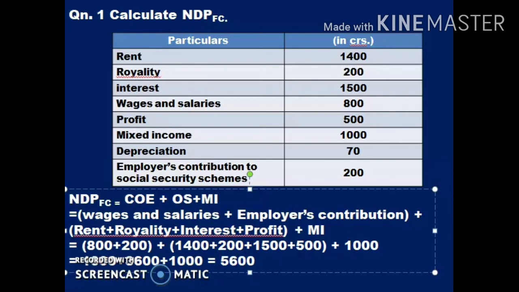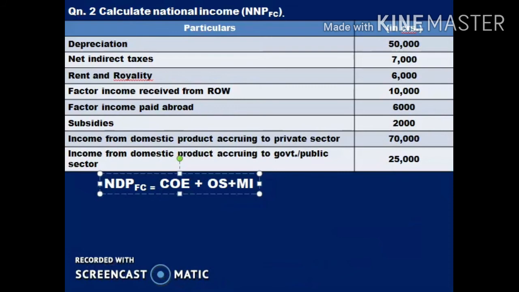So it's the same question from your textbook. Hope you understood. This is also a question from your textbook. Calculate national income is the question.